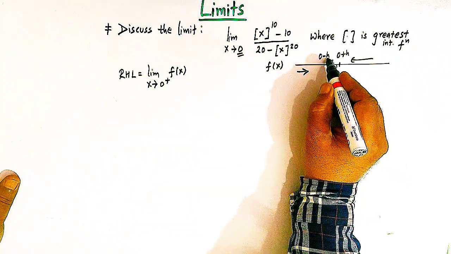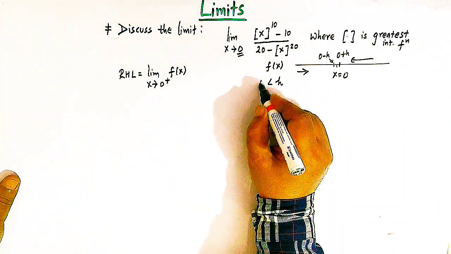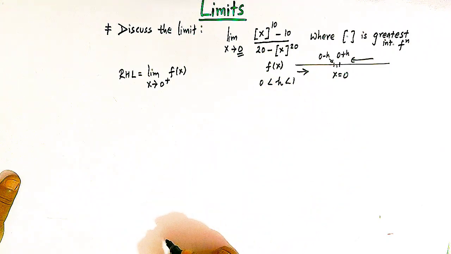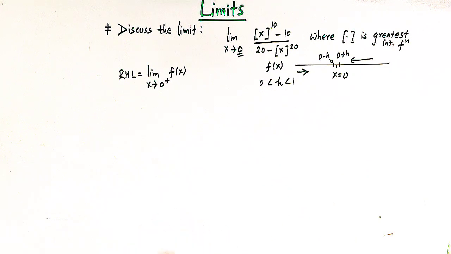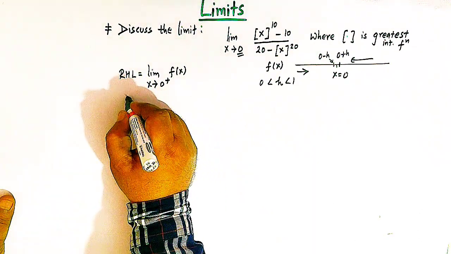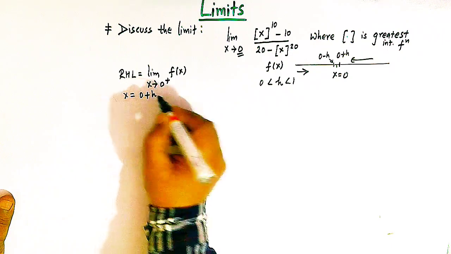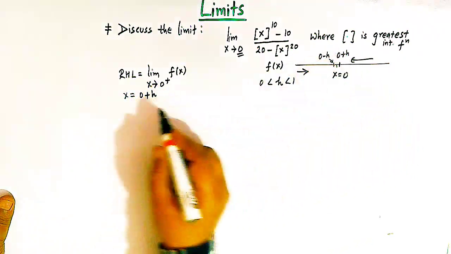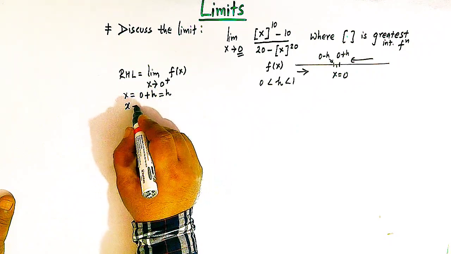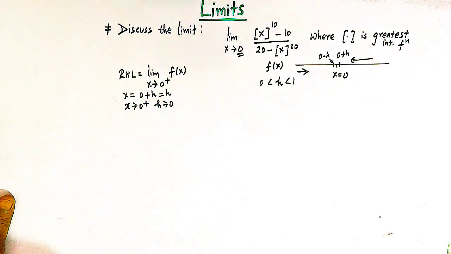And remember, this h is a positive quantity that is greater than 0 but less than 1, and h is infinitesimally small. So now we'll take x equal to 0 plus h, and 0 plus h is simply h. And when x approaches 0, obviously h approaches 0.